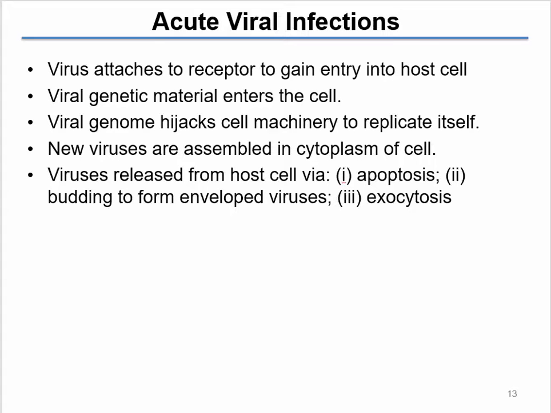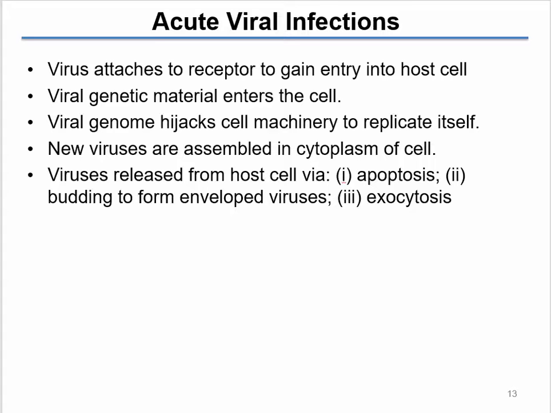So they attach to the receptor, and then they inject their genetic material, not necessarily the protein coat. The capsid usually stays on the outside. What ends up happening is the genetic material goes inside, and then that genetic material is reproduced in transcription and produces new proteins by translating.